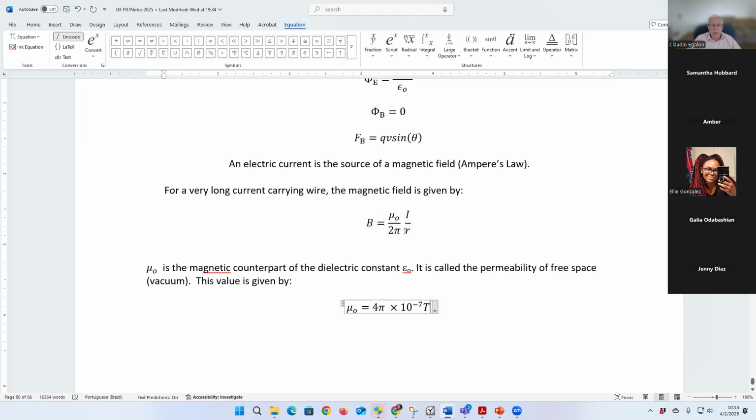2 pi has no units whatsoever, but I has a unit. And in order for the magnetic field to have a unit of Tesla, we must divide this Tesla by ampere and multiply it by the unit of meter. Okay? So if you substitute this mu naught right in here, by doing dimensional analysis, we get the units for the magnetic field.